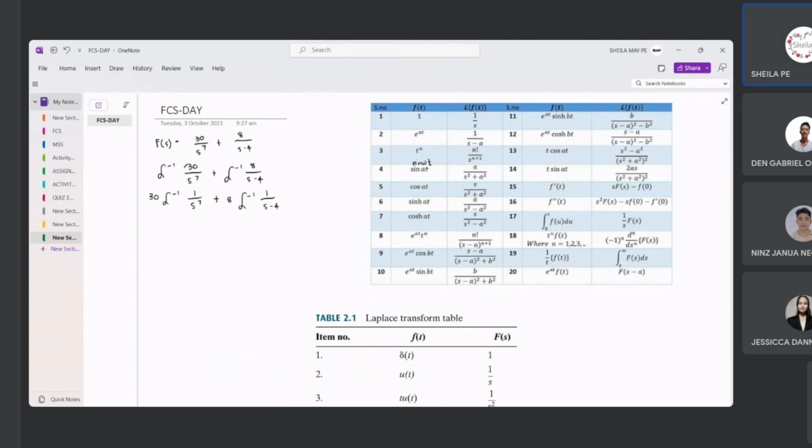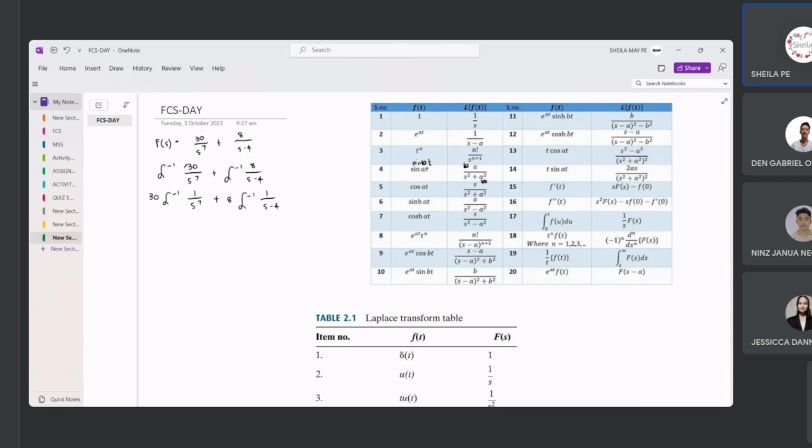So this should be omega over s squared plus omega squared. If you use sin bt, this should be b over s squared plus b squared. It's just a placeholder, so do not be confused. Whichever variable you want to use, be consistent with it.